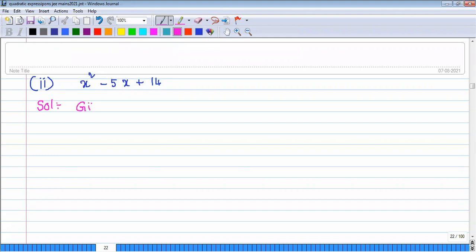Given expression x square minus 5x plus 14. First delta to determine.